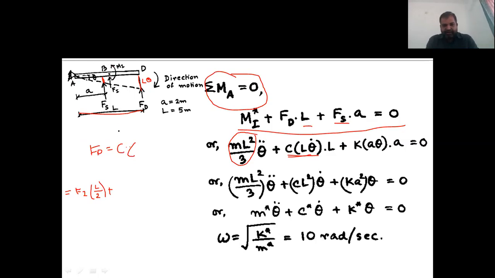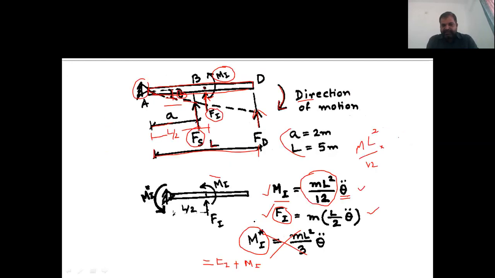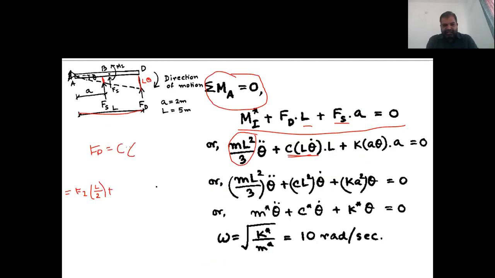So this moment we have calculated is ml square by 12 into theta double dot. I will say it is nothing but Mi. Directly I'm putting whatever the value is there. So Mi plus these two will be coming: FD into L, right?